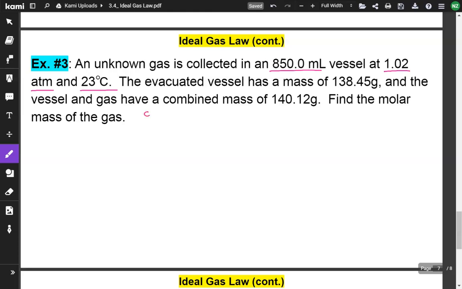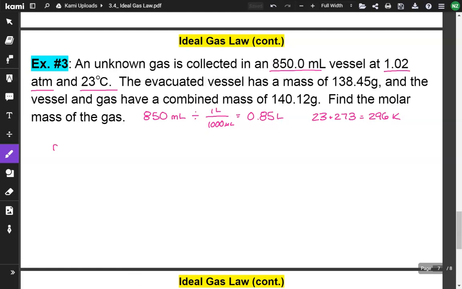So 850 milliliters divided by 1,000 gives us 0.85 liters. And then also 23 plus 273 gives us 296 Kelvin. So the variable we're solving for here is going to be n. That's the only variable that we don't have.